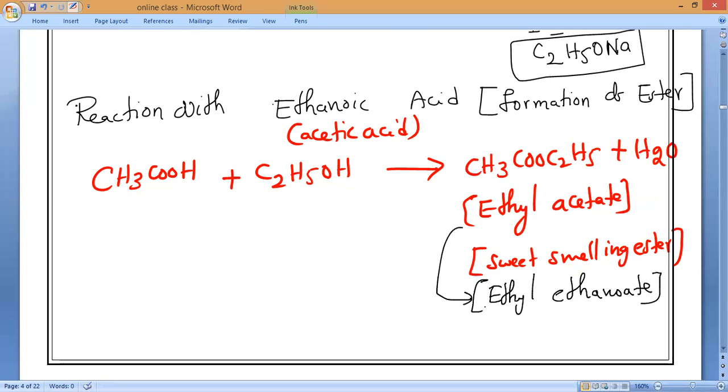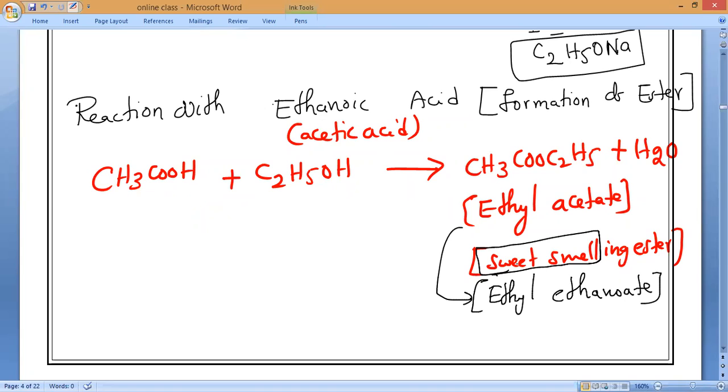Spelling is very important. Ethyl ethanoate. So a sweet smell is indicating the formation of ester. Whenever you get to 11th class and do the laboratory, whenever you get a sweet smell, it is indicating formation of what, guys? Formation of ester. That is what you have to remember.